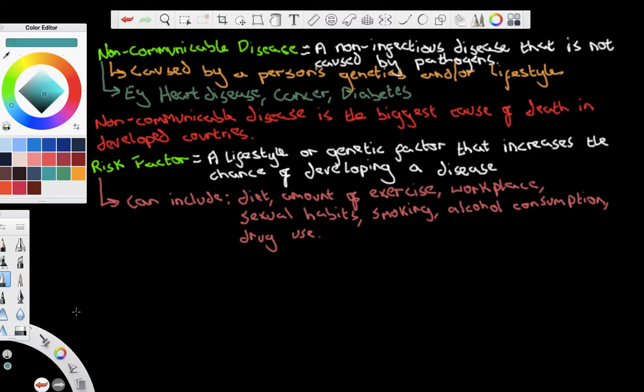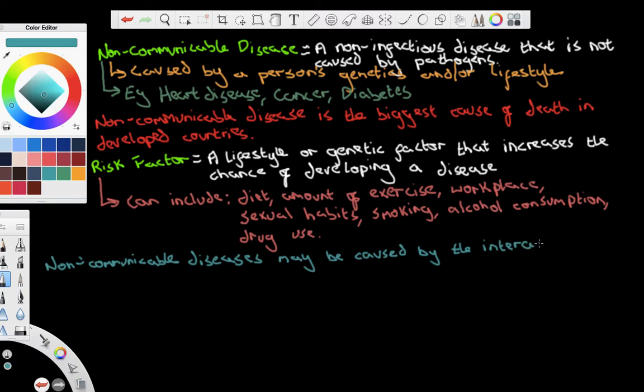So we can say that non-communicable diseases may be caused by the interaction of a number of factors.